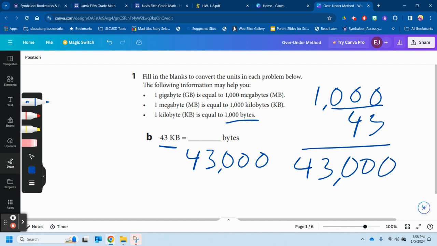Or you can really think about it as moving the decimal place to the right. There's really a decimal place here 3 times because there's 3 zeros. That's just another way of thinking about it. So 1, 2, 3, 1, 2, 3. I'm putting a comma there. All right, let's go on to the next one here. So number 1, 43,000 bytes.